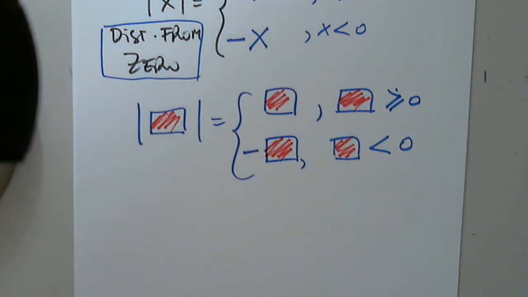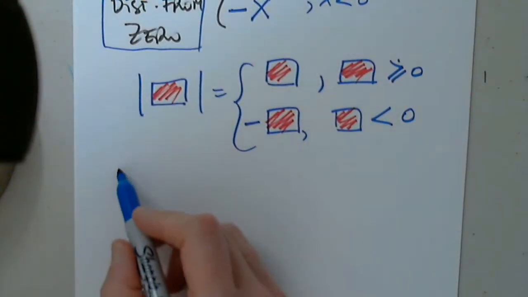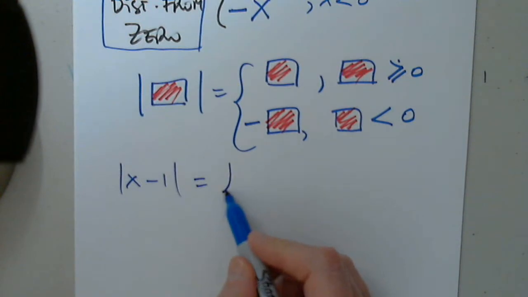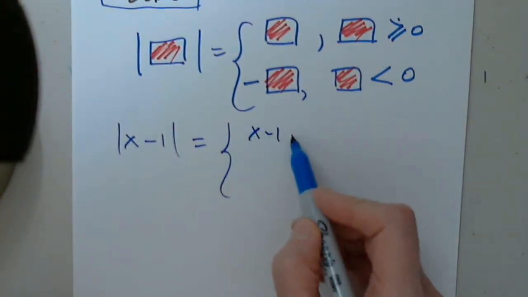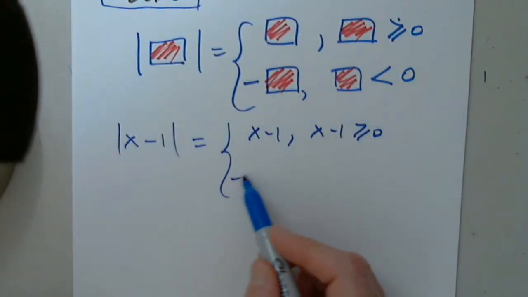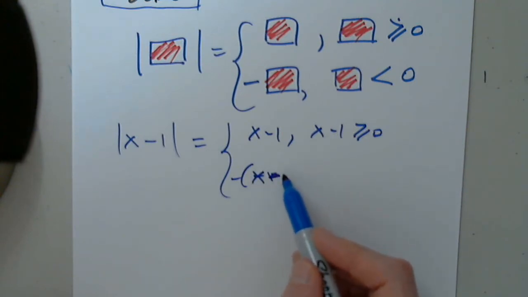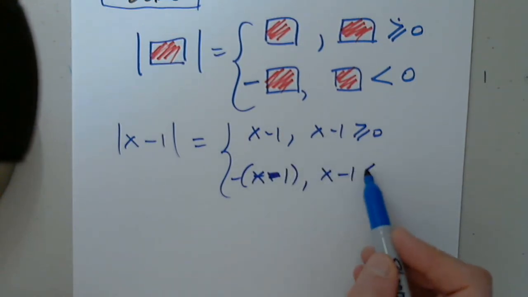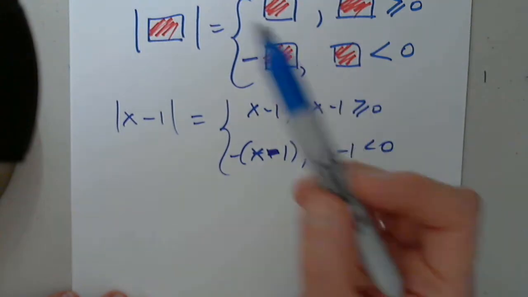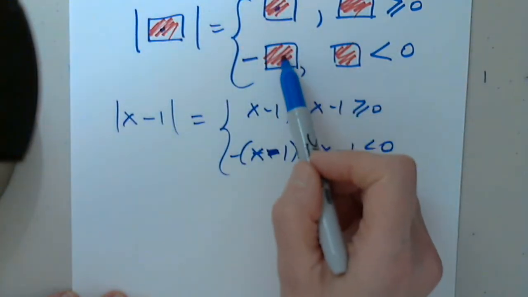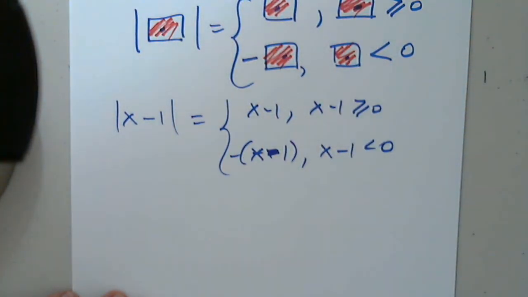That's how we have to look at this. So now if I say, let's say the absolute value of x minus 1, not a big deal. All I did, I replaced this and this and this by x minus 1. This is what we have to remember.